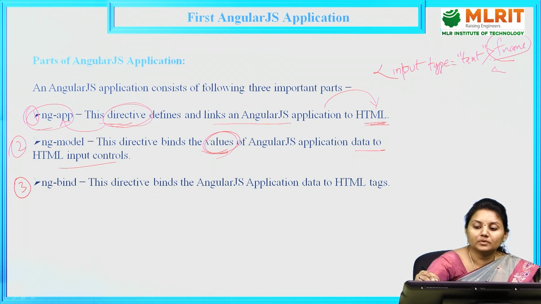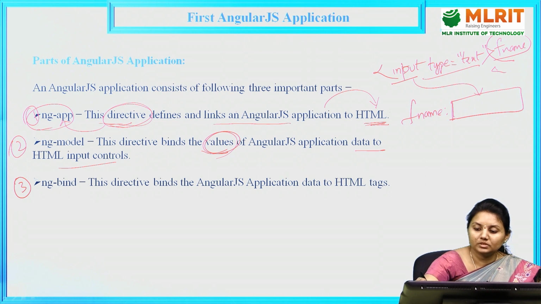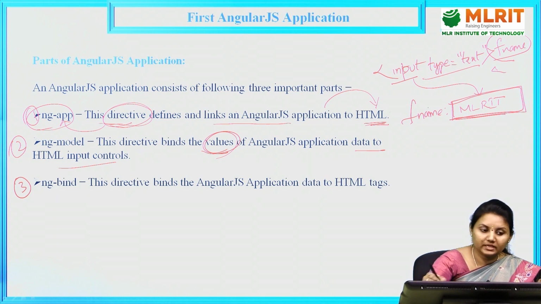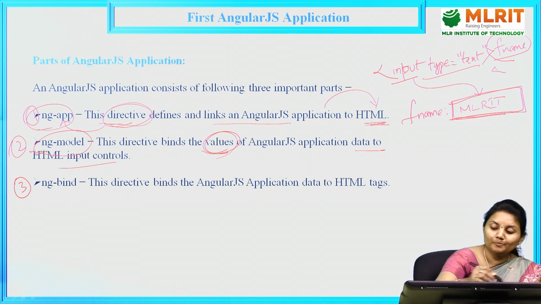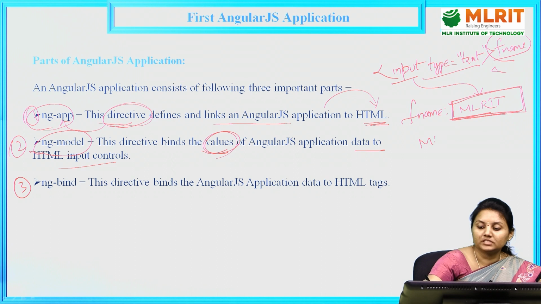F name you are giving, and you will get F name and one input box. Now, whatever you are entering, suppose I am typing MLR, as this is integrated with ng-model, whatever you are typing will be displayed here.